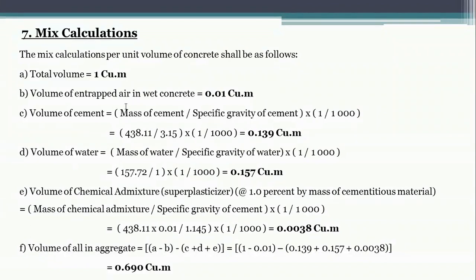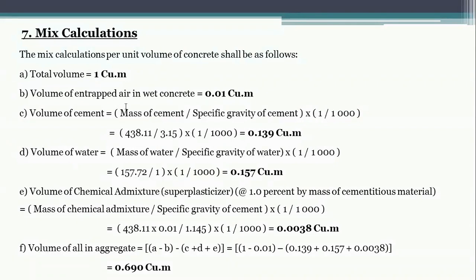So 3.15 was the specific gravity, into 1 by 1000, you will get 0.139 cubic meter. Similarly, the volume of water. The mass of water we calculated after deducting 20% for the chemical admixture is 157.72, divided by the specific gravity of water, which is 1, into 1 by 1000. You will get 0.157 cubic meter.